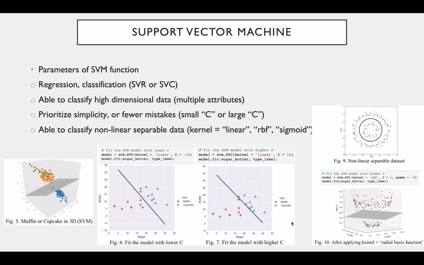The distribution of this data set is nonlinearly separable, so we cannot use a straight line to separate two classes, but for the support vector machine, we can specify the kernel to use the RBF, which stands for radial basis function. Then we can classify nonlinearly separable datasets like in figure 10 shown.